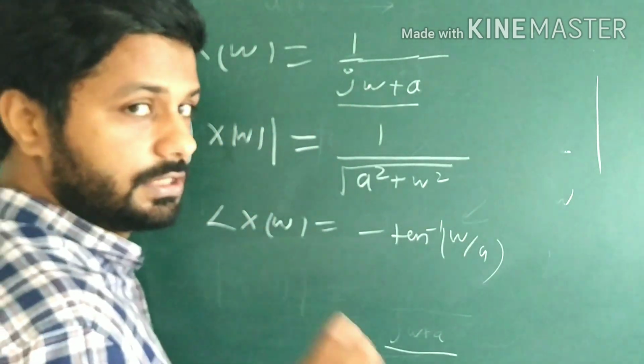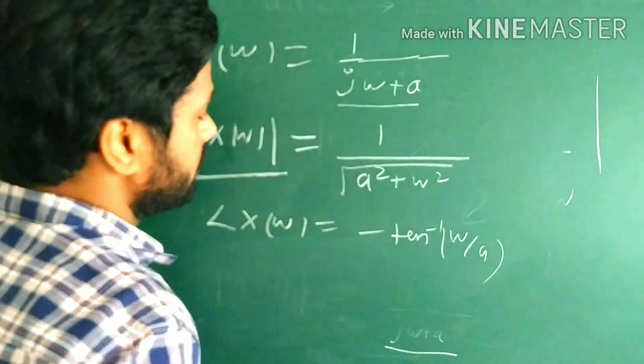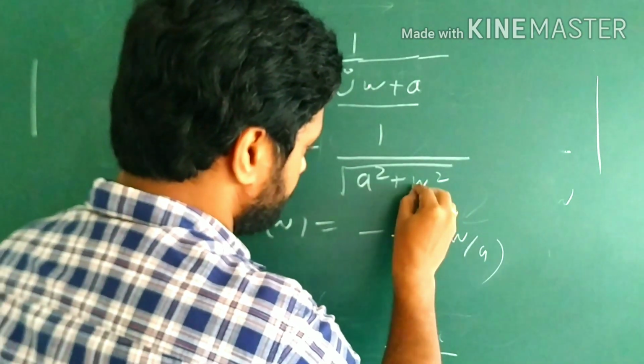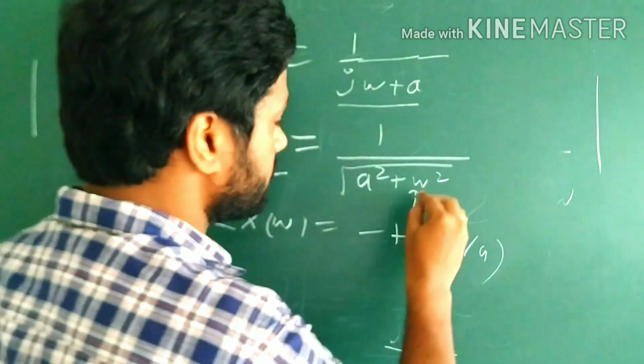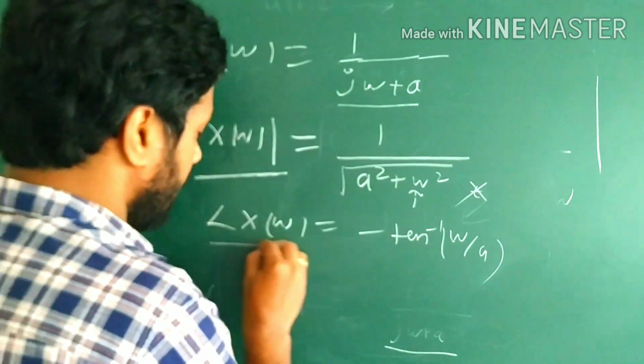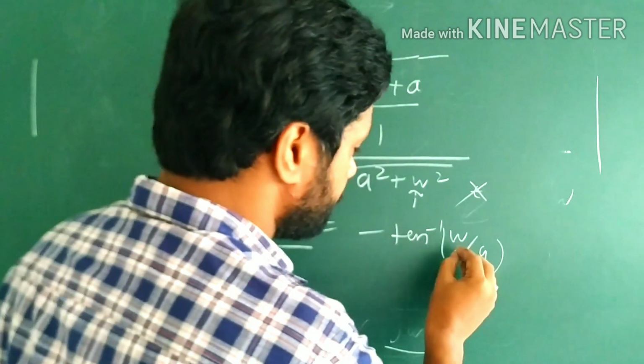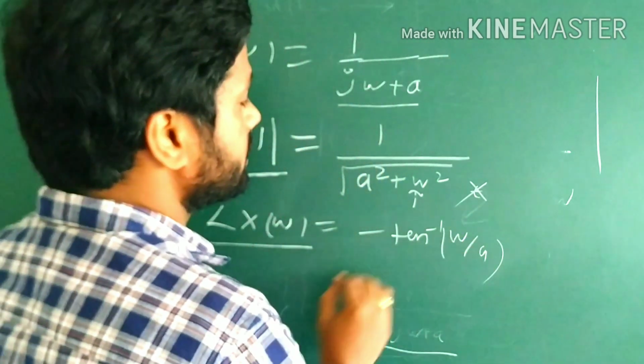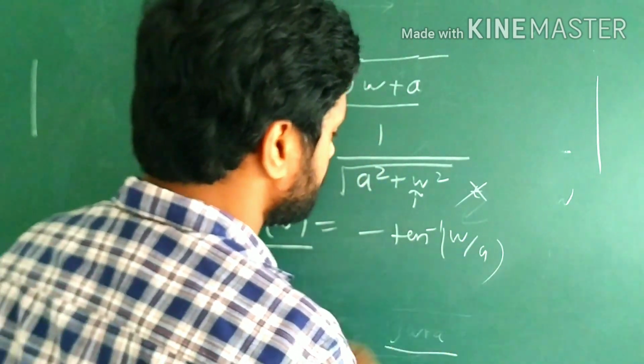So here we can see that the modulus only depends on frequency. It does not depend on time. Again, the angle also depends upon frequency. It does not depend upon time.